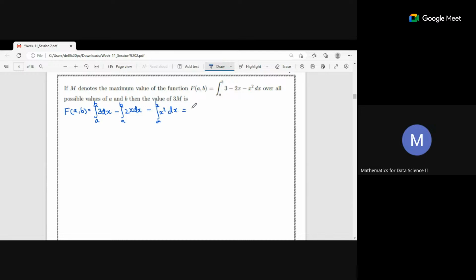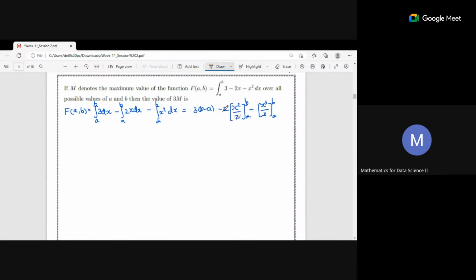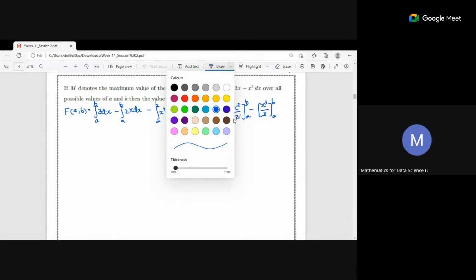So what is it? 3 times of b minus a minus 2 x squared by 2, so this 2 will get cancelled, from a to b, minus x cubed by 3 from a to b. So here we are striking out these 2's. So what is it that you are getting?